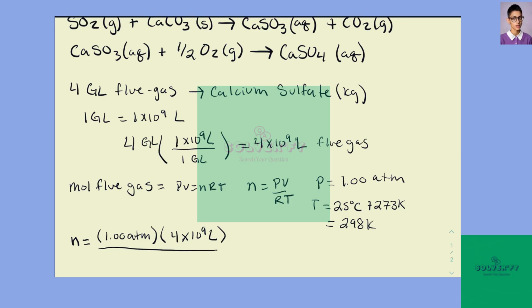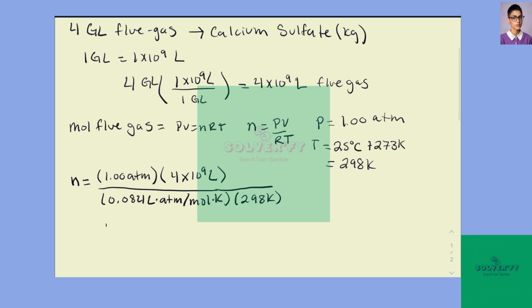We're going to divide this by R, so I'm just going to use R, 0.0821 liters atmosphere per mole Kelvin, and then we are going to times that by our temperature, so 298 Kelvin. When we calculate this out, our moles of flue gas is going to equal 1.635 times 10 to the 8 moles of our flue gas.